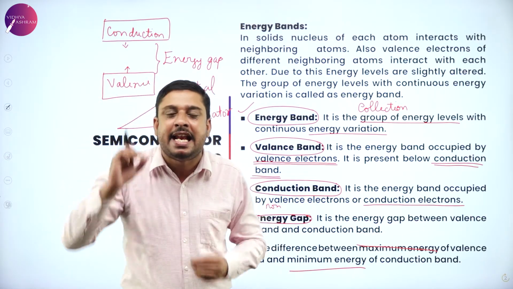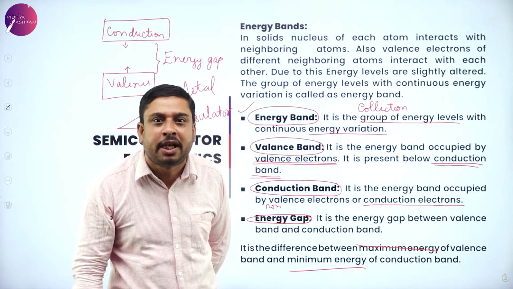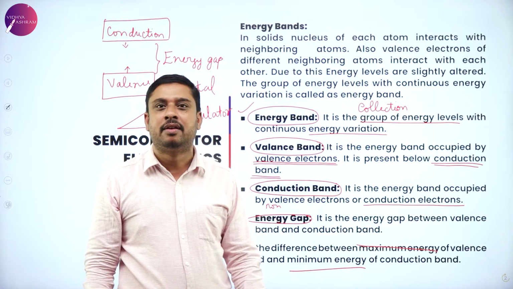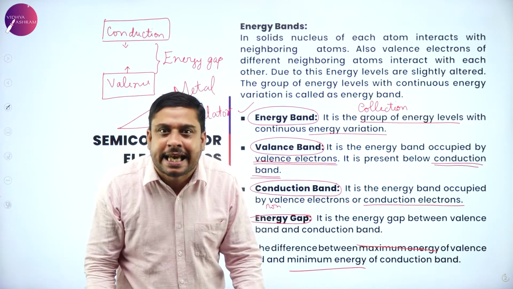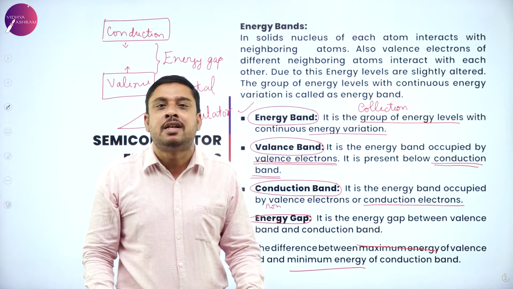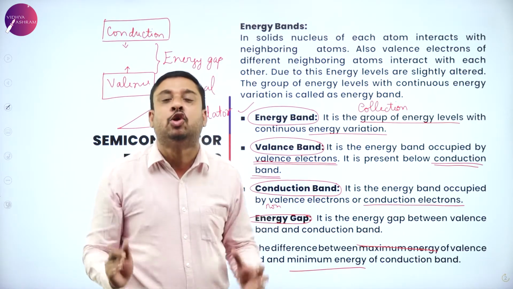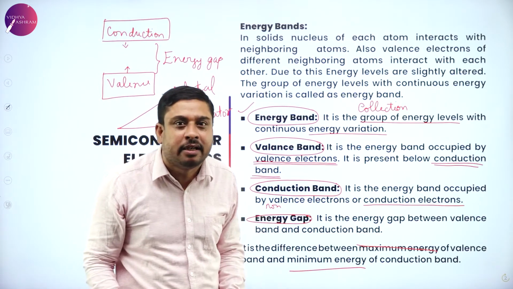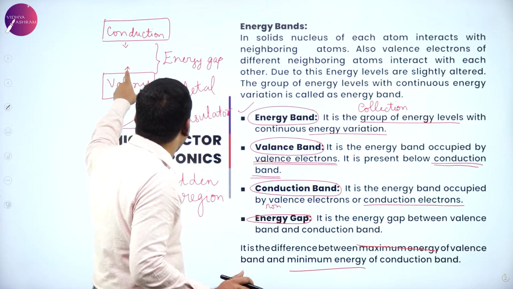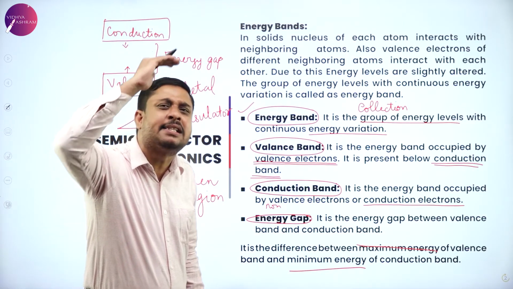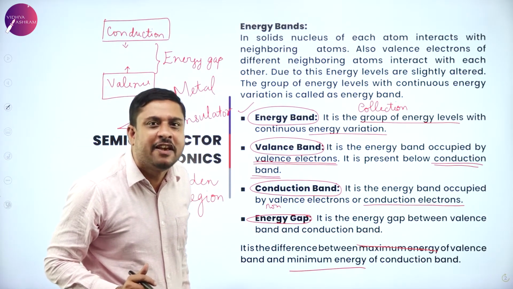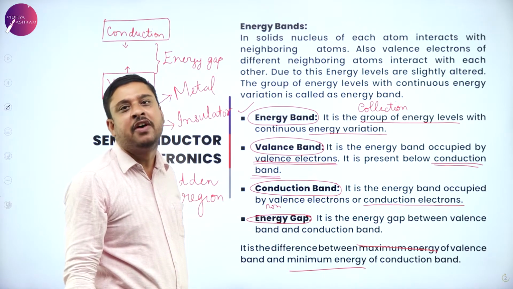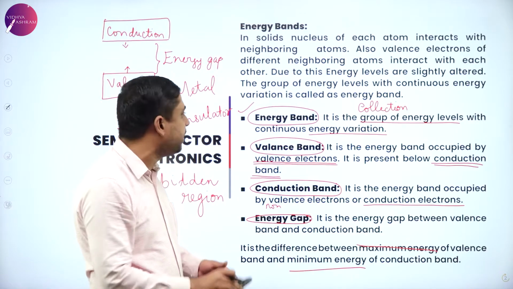In between the valence band and conduction band, there is a forbidden region called the energy gap. Electrons cannot enter into this energy gap. It is the gap between the highest energy level of the valence band and the lowest energy level of the conduction band.